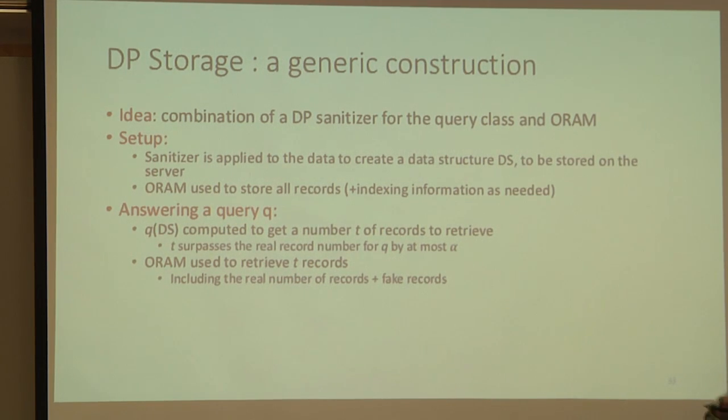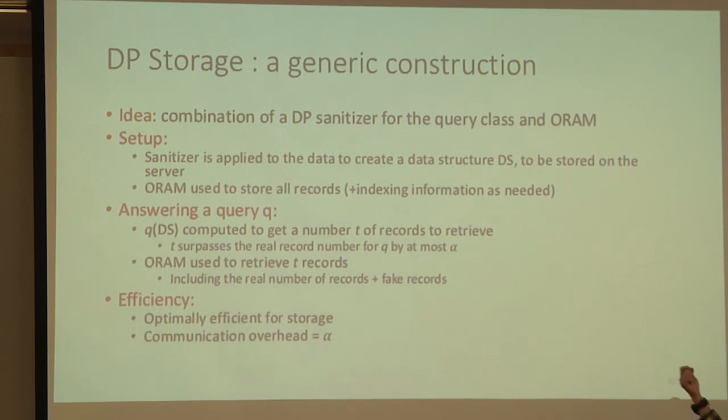And then for the difference, in order to satisfy the requirement of the differentially private data structure, we use multiple copies of the fake records. In this case, the efficiency in terms of storage is optimal because ORAM just needs to store each record once and one copy of a dummy record, a fake record. And the communication overhead is going to be alpha because for each query, we just have to send alpha more records, which is the error due to the differential privacy.